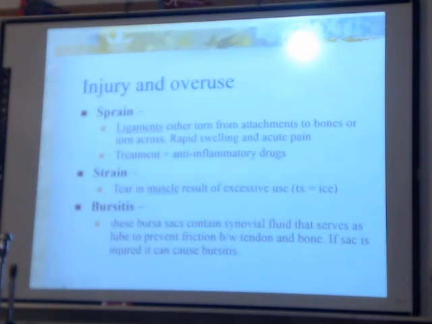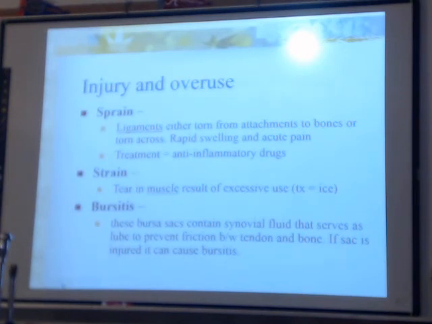Bursitis, on the other hand: remember when we learned about bones, we talked about the bursa sac, that synovial sac that helps the joints move smoothly. Well, sometimes that sac gets injured, so that it can have inflammation there, or it can actually lose fluid.